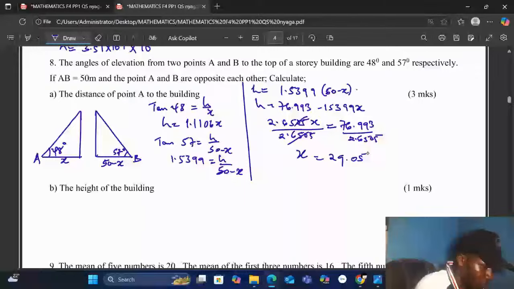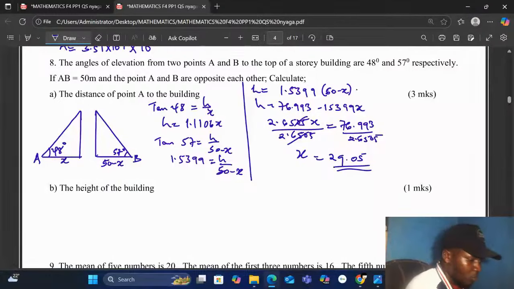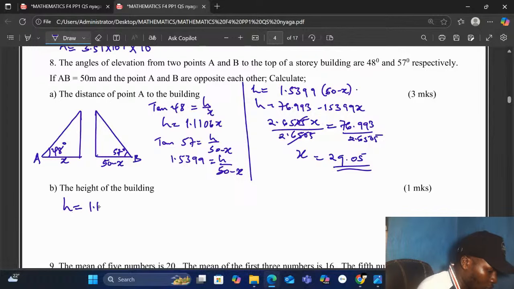So x is 29.05. Now that is the value of x. X represents the distance of point A to the building. Then we calculate the height of the building. We know that h is equal to 1.1106 x, and we have x as 29.05.